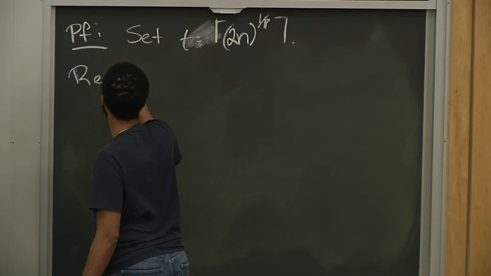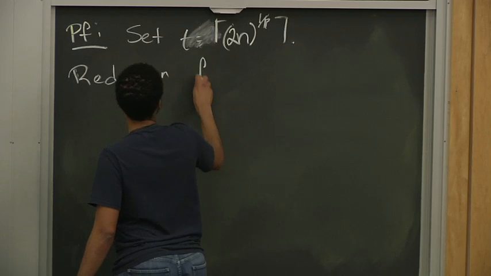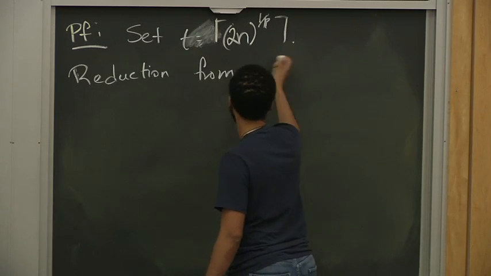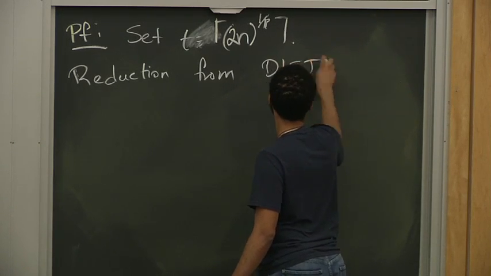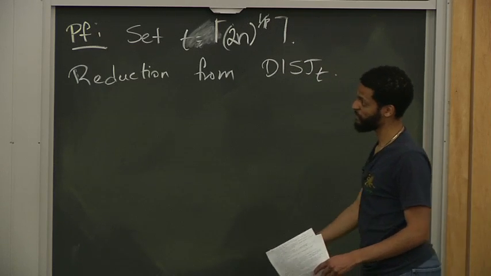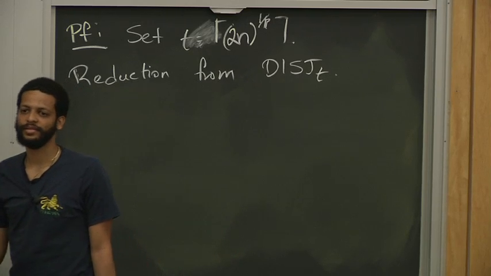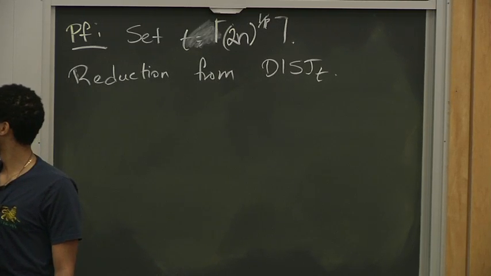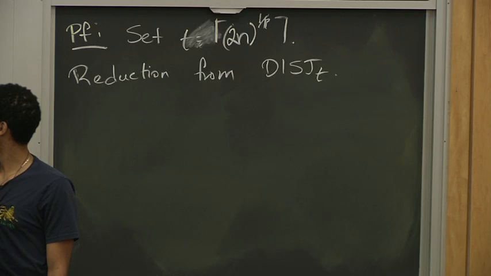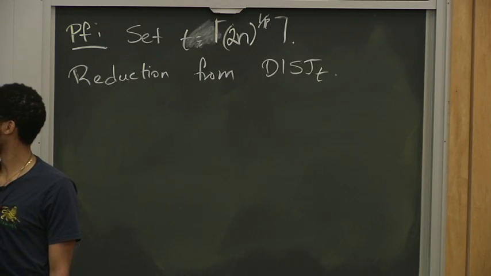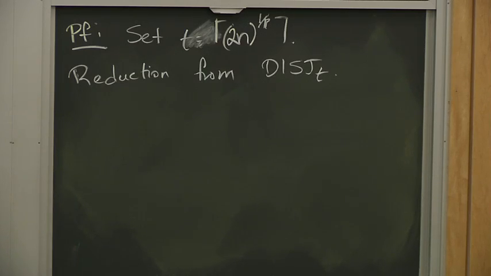There's a reduction from disjointness t, as you might imagine. And it's the usual thing. Actually, I don't even need to use the fact that all the sets are the same size.